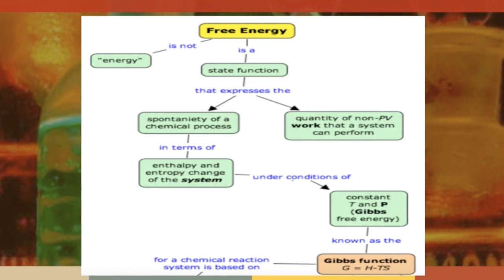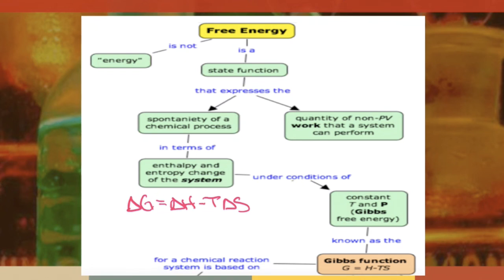The spontaneity, whether or not it's spontaneous, is in terms of the enthalpy and entropy change. Remember, that's our equation, delta G equals delta H minus T delta S. It's under the conditions of constant temperature and pressure in the surroundings. That's like our normal laboratory conditions. And it's also called the Gibbs function.